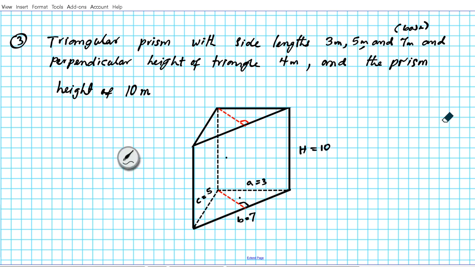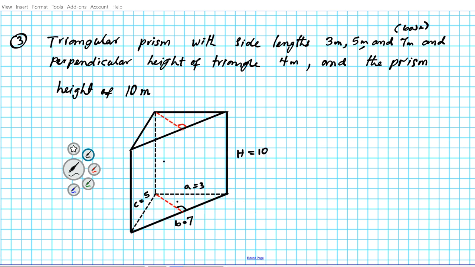All right, so let's start by looking for the volume. So the volume of our triangular prism is going to be the area of the base, 1/2 base times height. That's the area of the base, and then that will be multiplied by the height of the prism itself. Okay, in this particular case, the base B of the triangle is 7. The height of the triangle itself is 4.